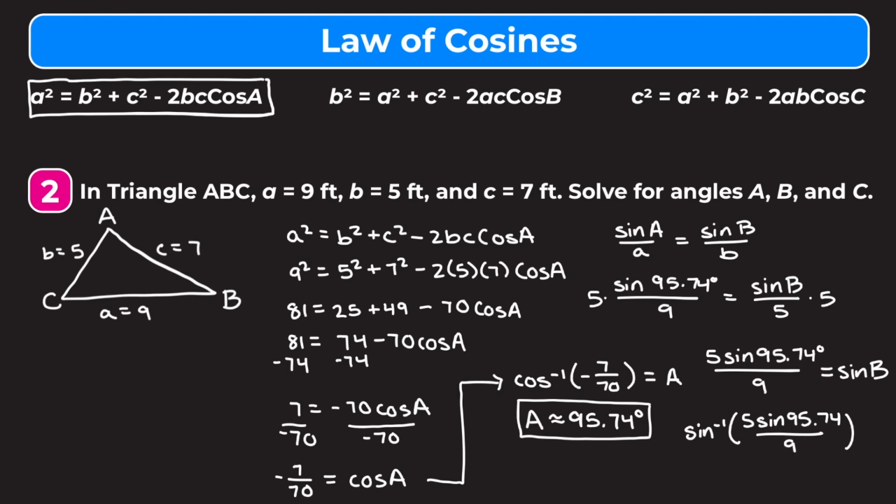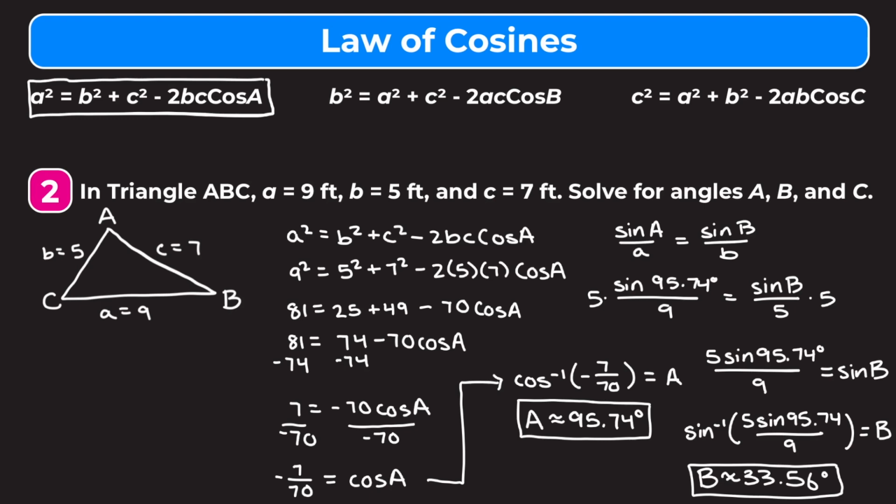On the right, the sine and the sine inverse cancel out, so we're just left with angle B, which is what we want. And now we're going to put this entire thing into our calculator. And if we do that, we should get that angle B is roughly 33.56 degrees.